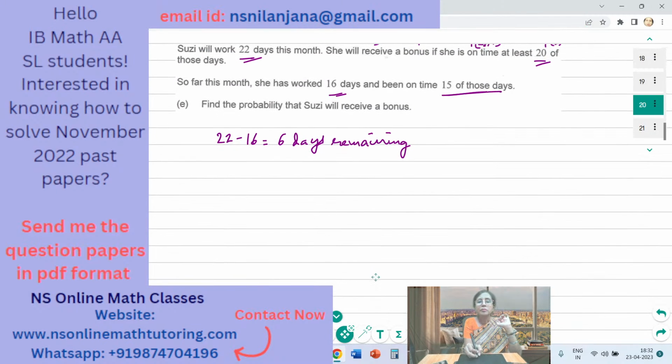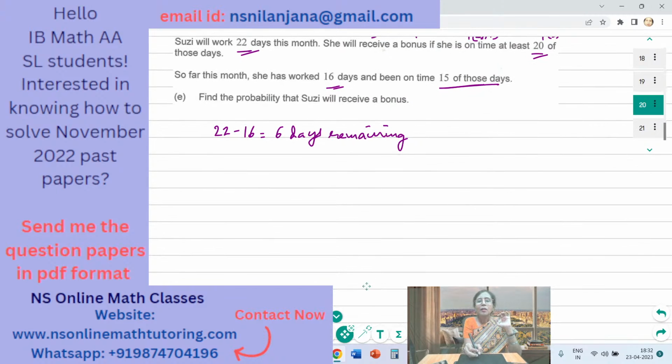So maybe this is also a binomial distribution question, because with 6 days remaining, the number of trials is fixed. Either she will be late or she will not be late. Two outcomes possible.